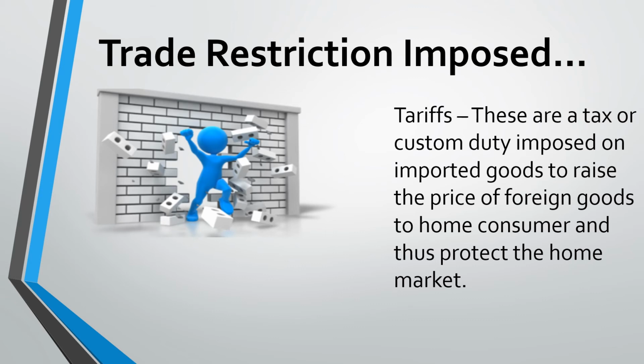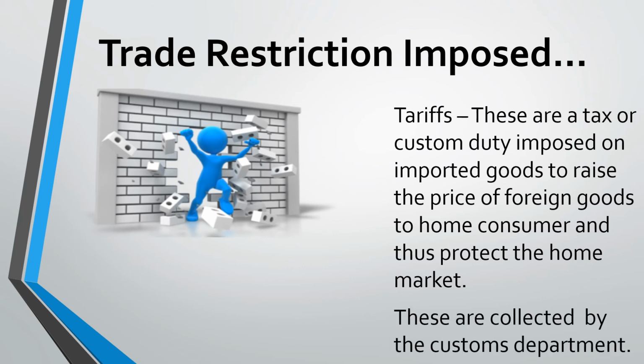Okay. These duties or these taxes are collected by the Customs Department. And usually, customs is set up at our entrance into the country. So, for example, at the airports and seaports, that's where you would normally find customs departments.